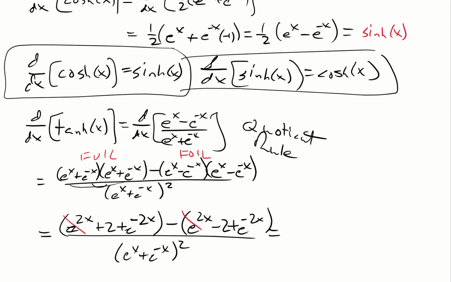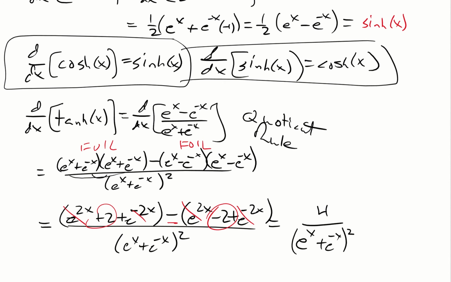E to the 2x minus e to the 2x. E to the minus 2x minus e to the minus 2x. Answer, 2 plus 2, who wants it? See, it is 2 minus a minus 2. So you end up with 4 all over e to the x plus e to the minus x quantity squared.